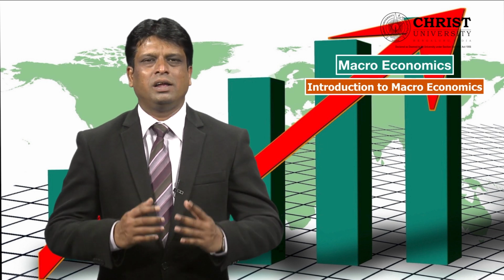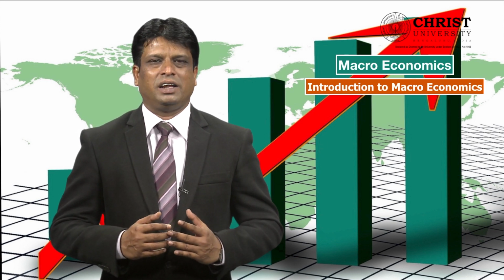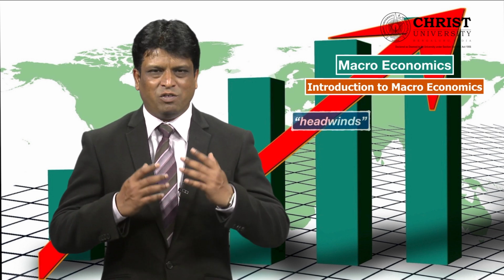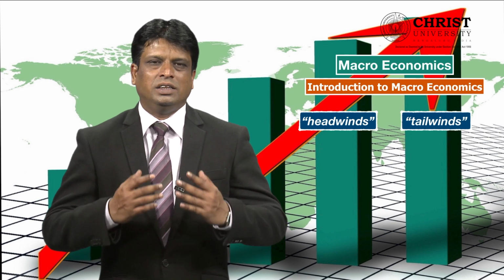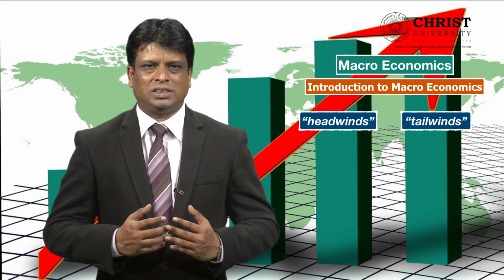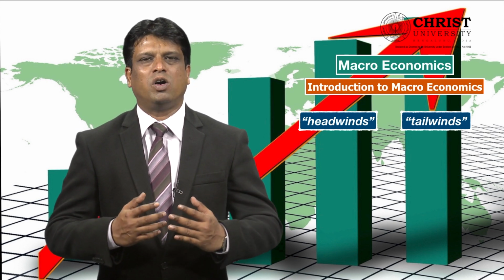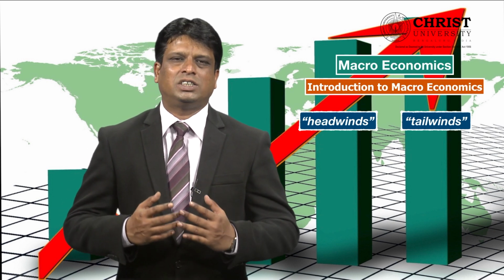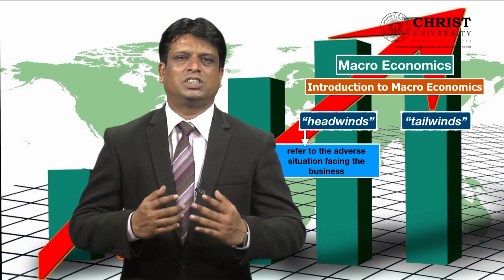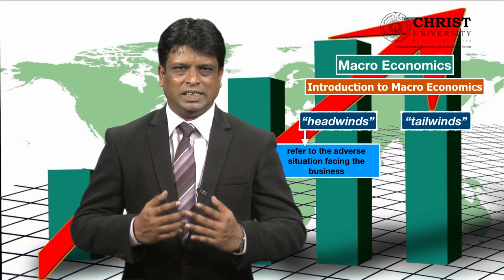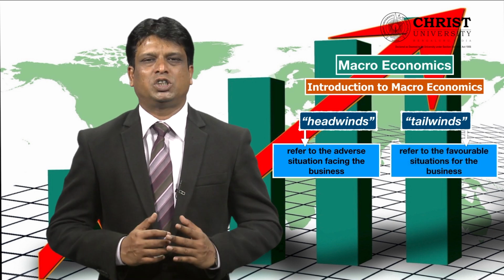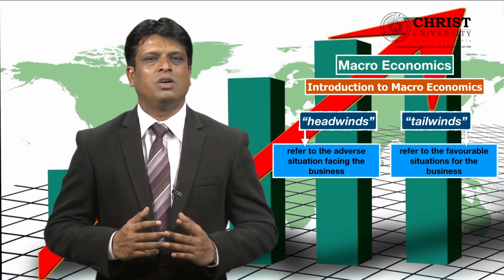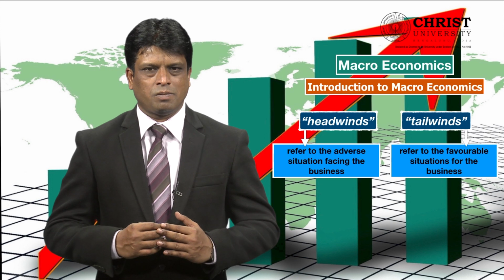And remember, this business environment is full of headwinds as well as tailwinds. These two concepts are borrowed from aviation terminology. Headwinds refers to the adverse business situation facing the company, whereas tailwinds refers to the favorable situations for the business.